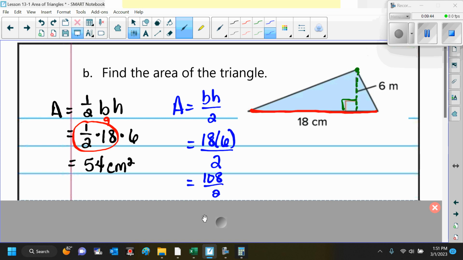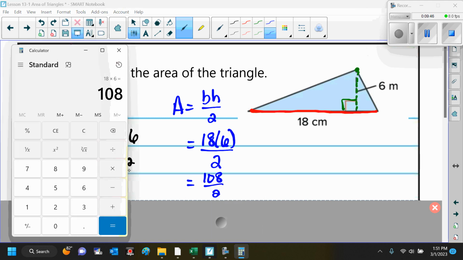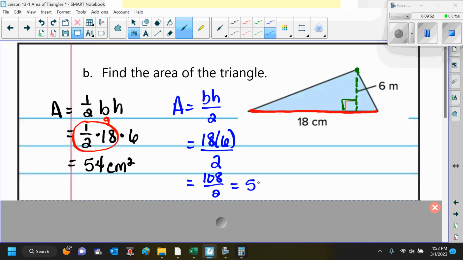We're going to divide by 2, and that's going to give you 54 centimeters squared. Okay? See how this is the reason why I like doing the 1/2 base times height, because you're just taking half of something. Here, you multiply up here and then divide by 2, right? So I like the first formula better. Okay?